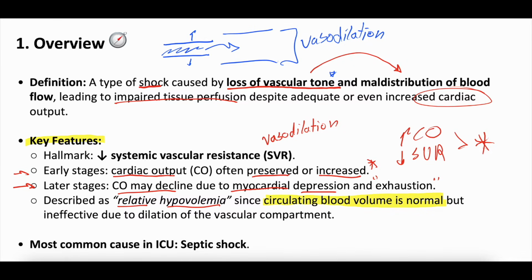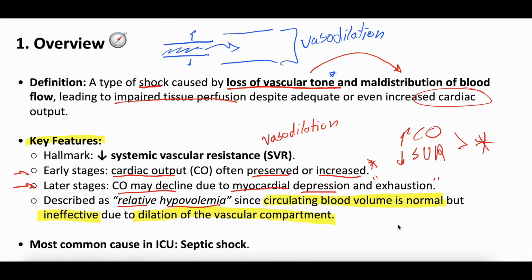The circulating blood volume is actually normal, but that circulating blood volume can be thought of as ineffective or relatively hypovolemic because that vascular compartment in general is all vasodilated. So you have less stressed volume, you have less effective circulating volume, because that volume's the same, but that vascular compartment is all vasodilated.